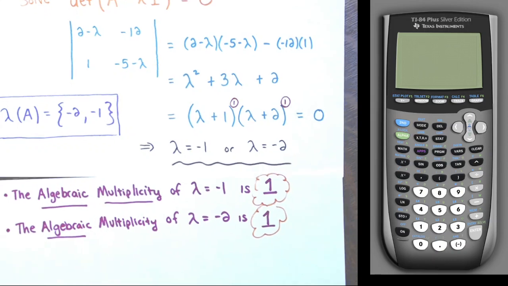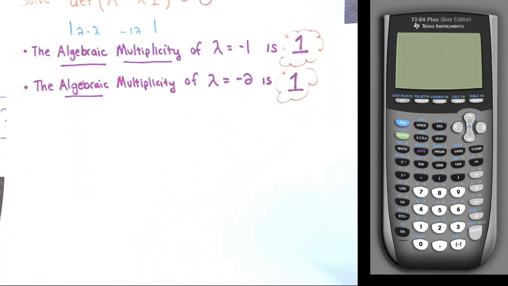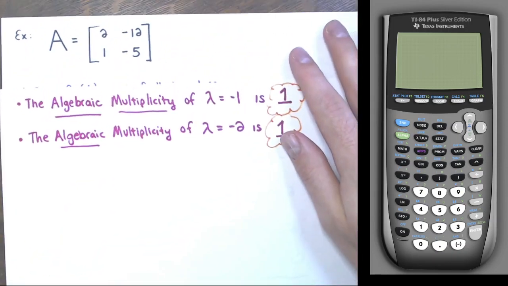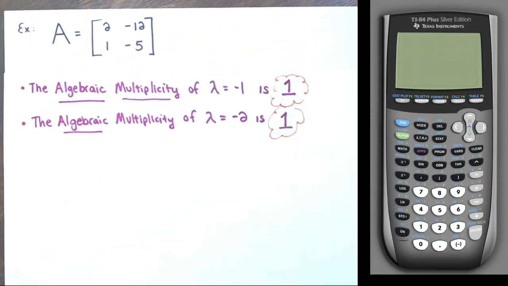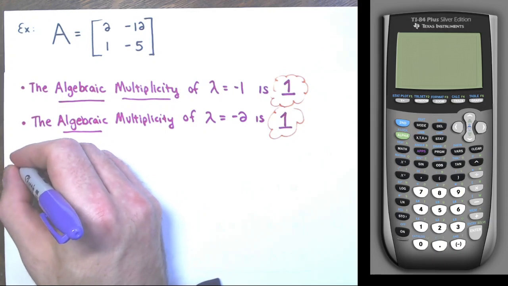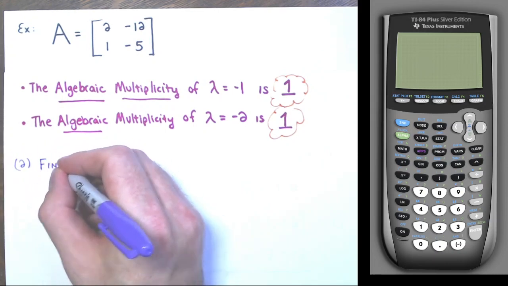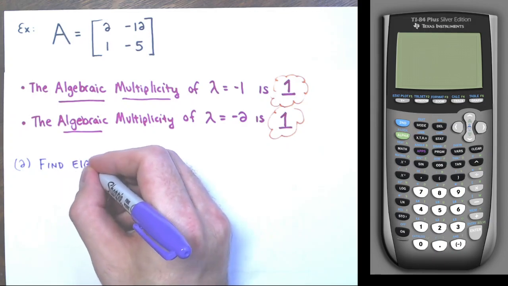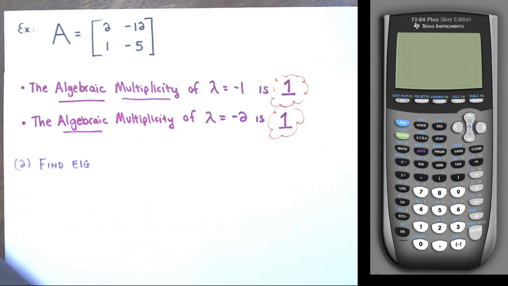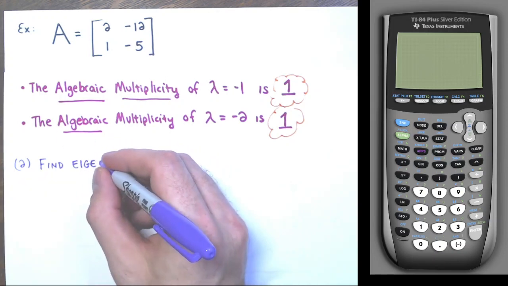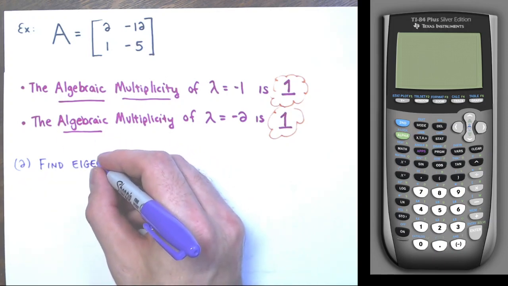So that's part 2. We have negative 2 and negative 1 as eigenvalues. And then in part 2, I'm going to find the eigenvectors and eigenspaces corresponding to these eigenvalues.